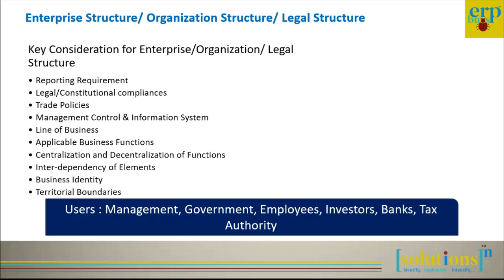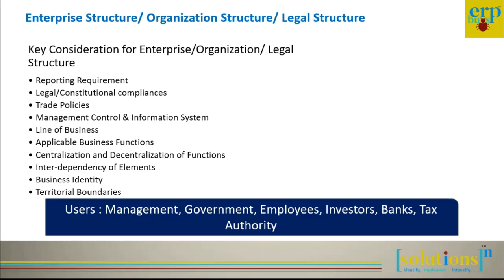So these are the key considerations where you need to look at what is the reporting requirement, what type of report the management is looking for, whether they want a balance sheet at the company level, at a particular legal entity level, or at a particular location level, and what are the requirements from the government agencies, whether the government mandates that if you are doing business in this area, you have to submit a balance sheet.